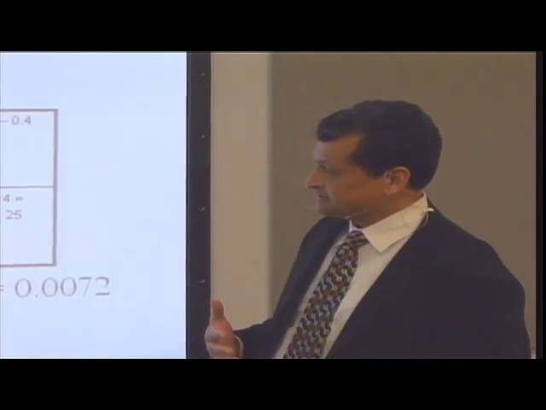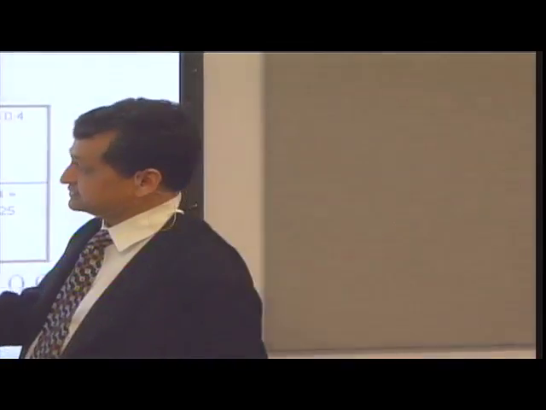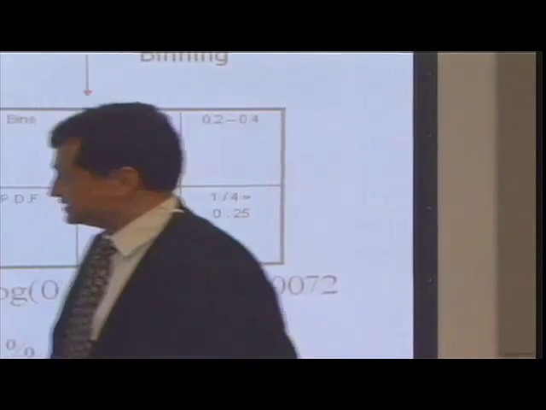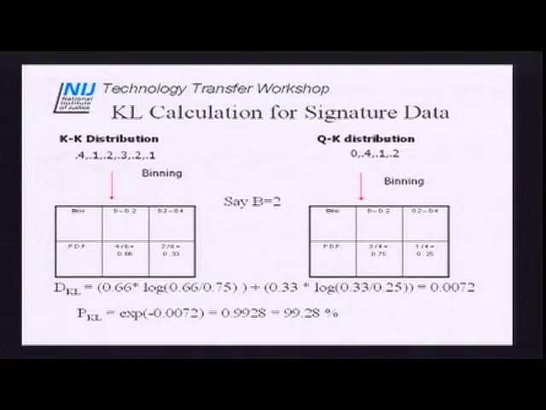So once we have that, we can compute from this the Kullback-Leibler distance, which says take those PDFs and do log of one probability over the other. This is 0.66 over here, this is 0.75 over here. Take that ratio times 0.66 plus 0.33, which is this number, times log of 0.33 over 0.25, that gives you 0.0072, and you get from that e to the power of this number gives you this number here, it's 99.28%.